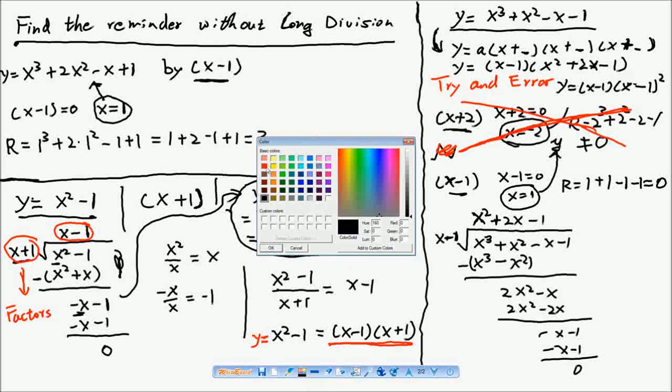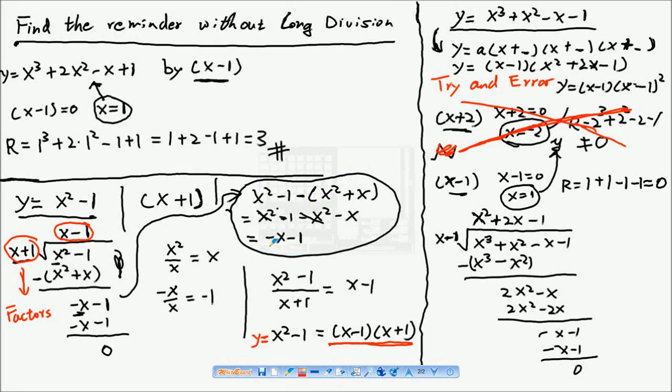What's happening in the exam is, you will be asked to do long divisions, of course by hand. It's very easy to do long divisions using a calculator, but you will be asked to do it by hand.